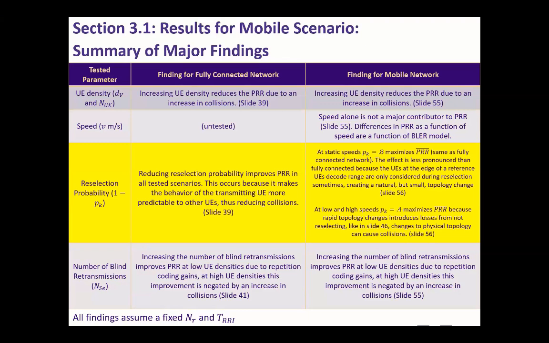But NS3 has the capability, broadly speaking, to do any sorts of mobility that you need. If you wanted to do something like not straight roads, you'd probably need to make use of the waypoint mobility model as opposed to constant velocity. Constant velocity really is just for straight lines.